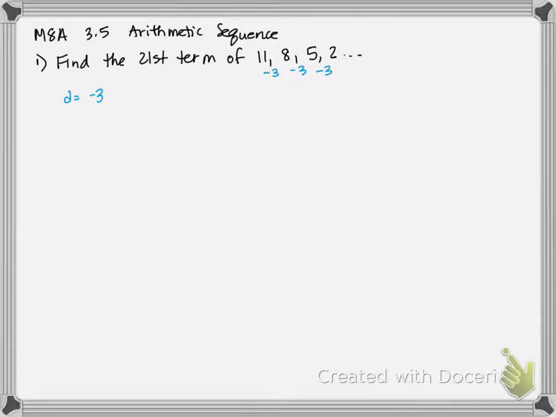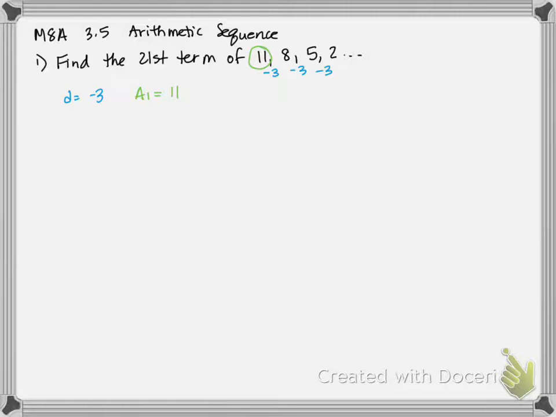The first number is the A sub 1, so A sub 1. I say it and I write something else. Typical. That's your 11. Now, what they're asking me to find is the 21st term.